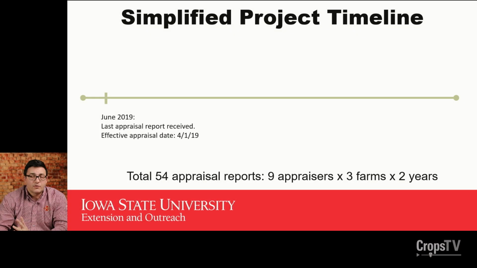So to provide a simplified project timeline, we received all the appraisal reports by June 2019. That was the first round of appraisal reports, and all appraisals were conducted with an effective appraisal date of April 1st, 2019. So they were all backdated to that specific date, so they were all comparable.